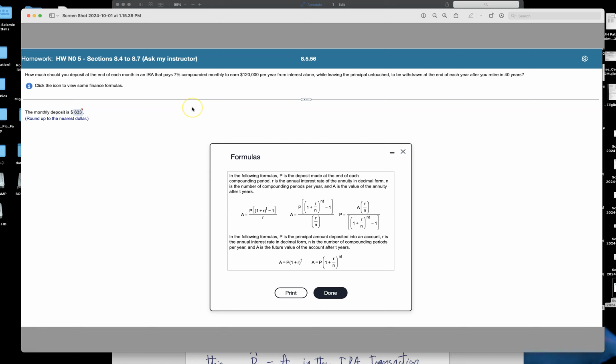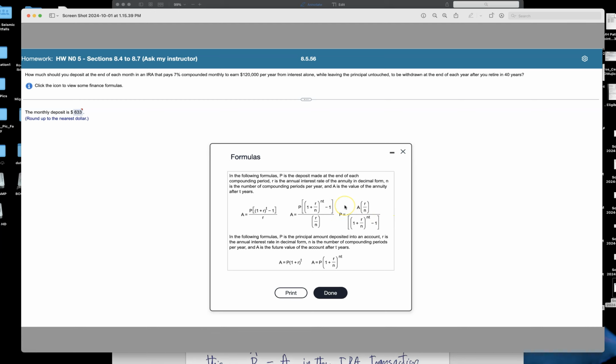Basically it's an annuity transaction, and we know that for an annuity transaction, the formula that we should use in order to compute the monthly deposits is this one over here.